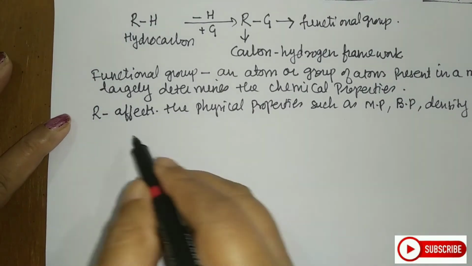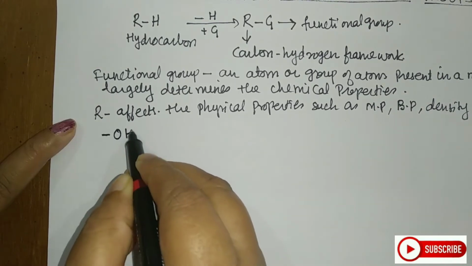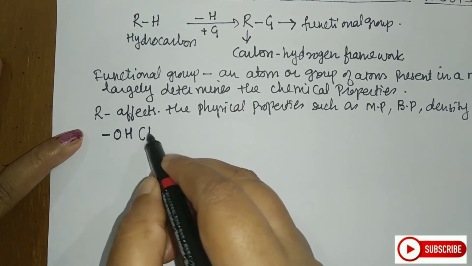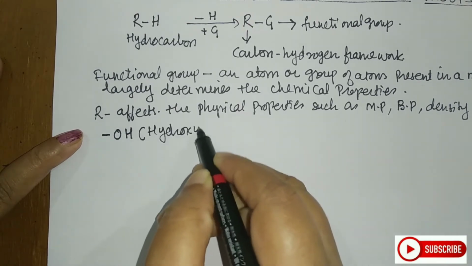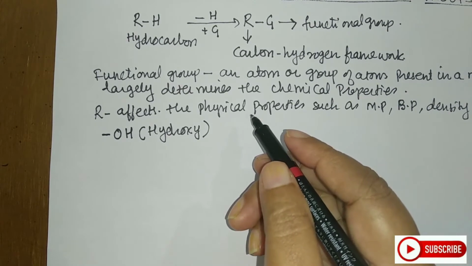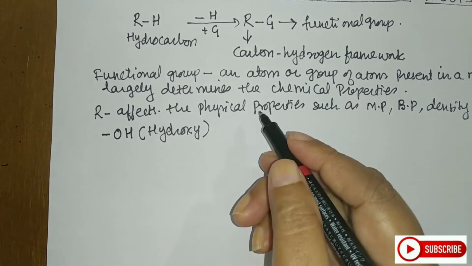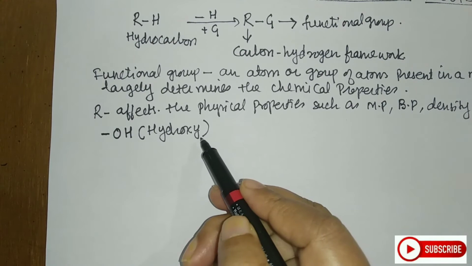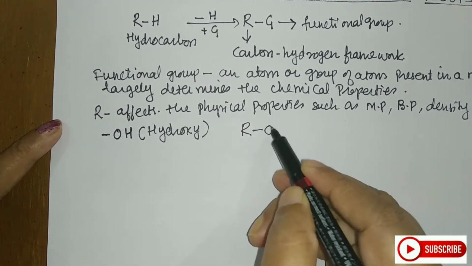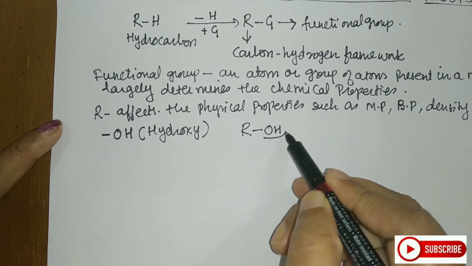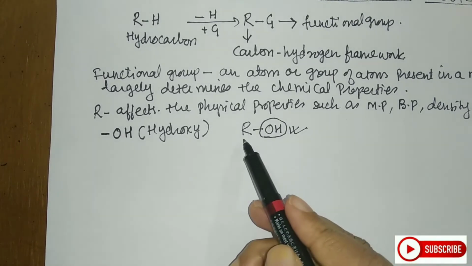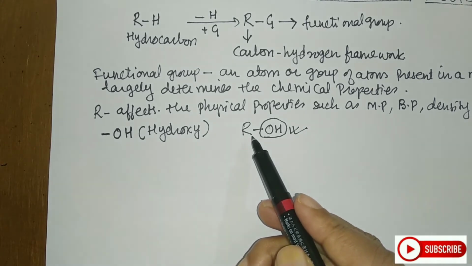Now let us take one example here. If I say the OH group, what is this OH group, student? This is the hydroxyl group. If this hydroxyl group is present as a functional group, then what happens? If I take the molecule R and replace this G by OH, then it is this group only that will undergo change, while the rest of the molecule remains unchanged.